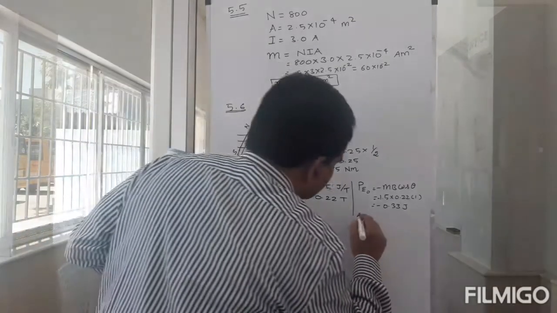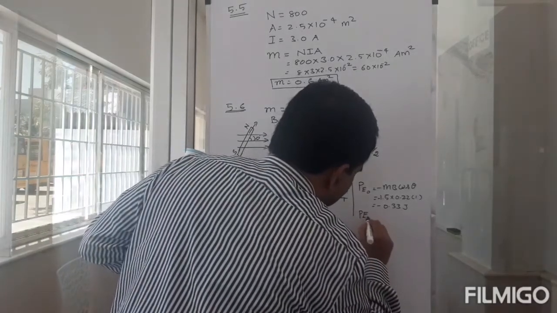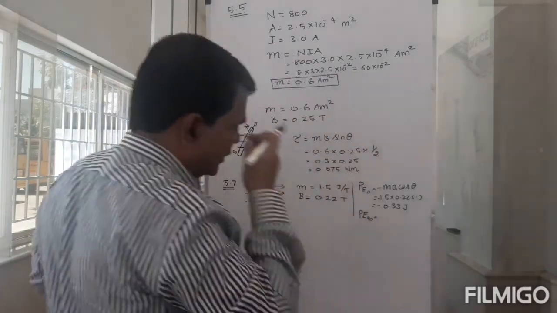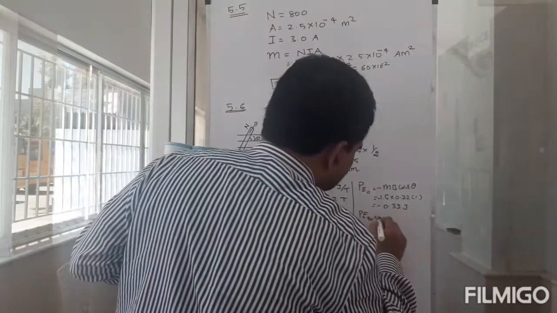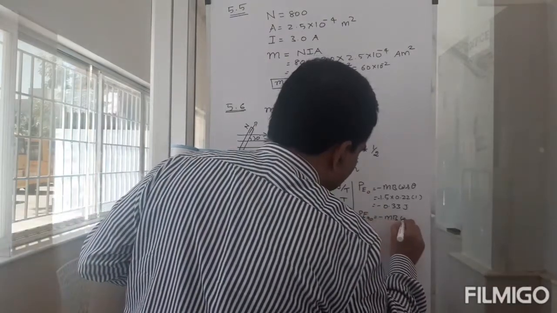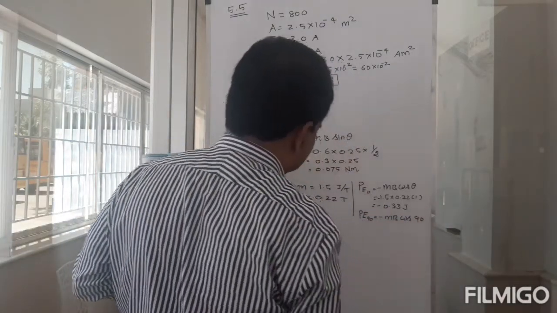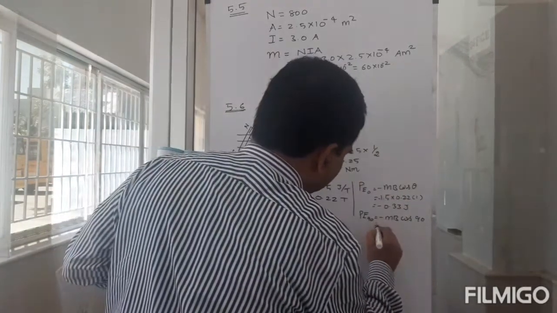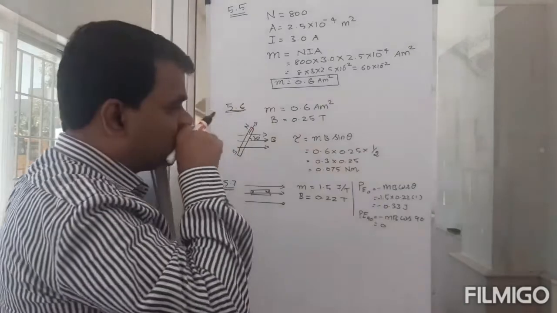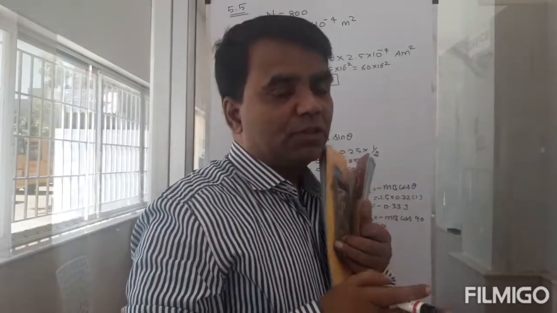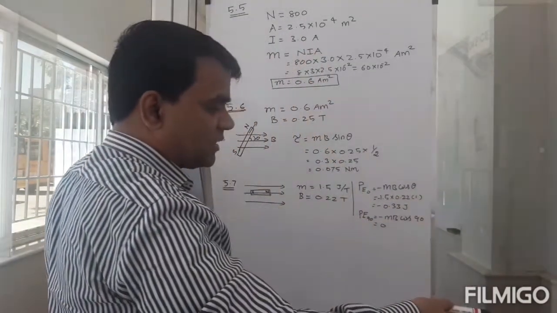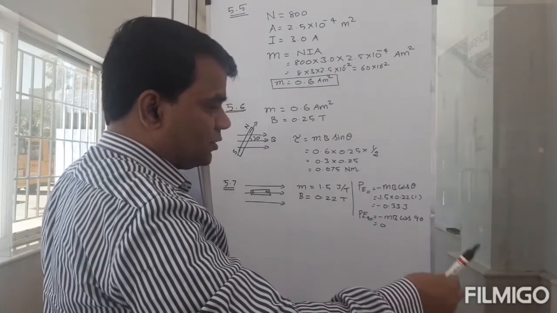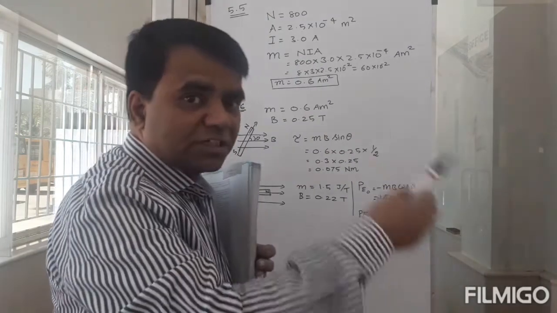And what's the potential energy now? So potential energy at 90 degrees is equal to minus mB cos 90. So cos 90 is 0, so the whole thing will become 0. So we've taken it from minus 0.33 joules to 0. Then what's the potential difference?